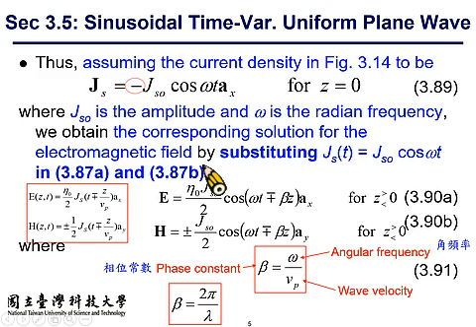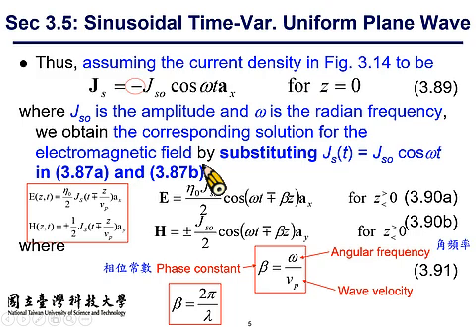According to the specific solution derived from the previous section, we can substitute the Js function with the specified sinusoidal function and end up with equations 3.90 A and B for the electric field and the magnetic field.